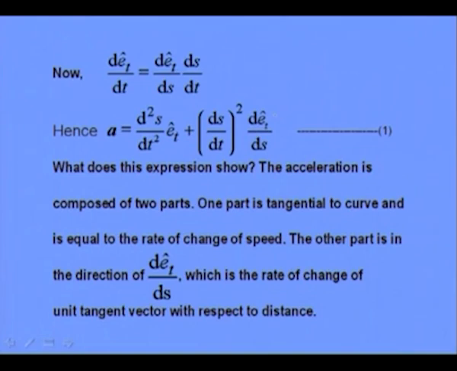It shows that the acceleration is composed of two parts. One part is tangential to the curve and is equal to the rate of change of speed. The other part is in the direction of det by ds, which is the rate of change of the unit tangent vector with respect to distance, and then there is a square of the speed term also, where ds by dt is the speed.